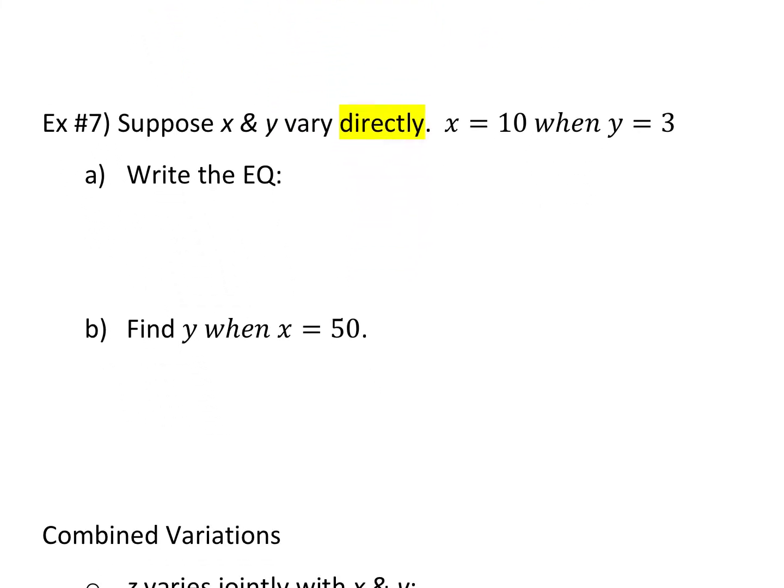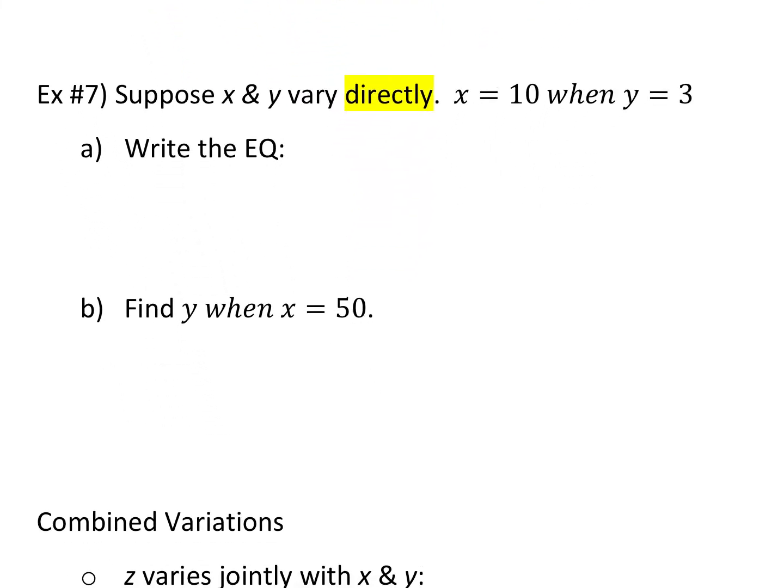Okay, so this one then. Suppose x and y vary directly. So your equation, y equals k times x, is going to be our setup. What do you do with the x and y values to find k? Divide, right? Divide by x, divide by x. So k equals y over x. So what is your k value right now? 3/10, right?